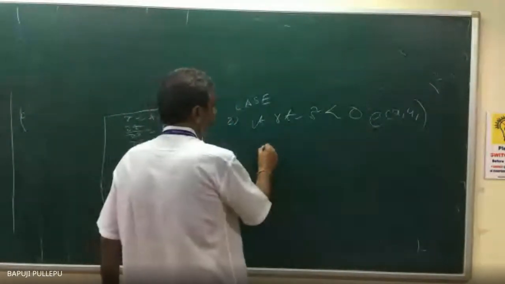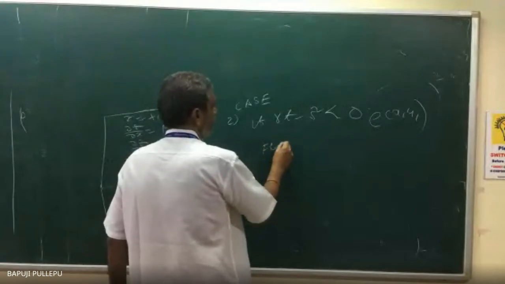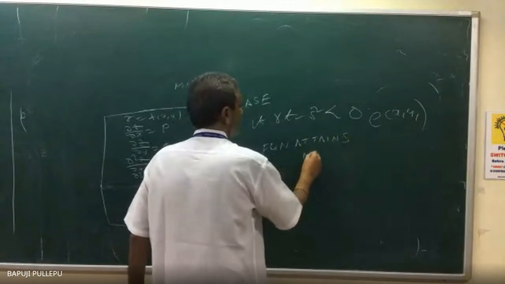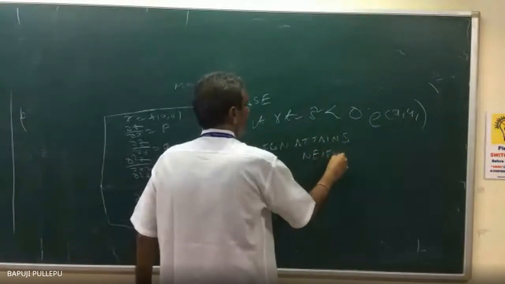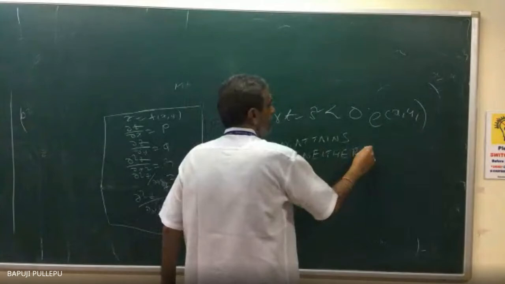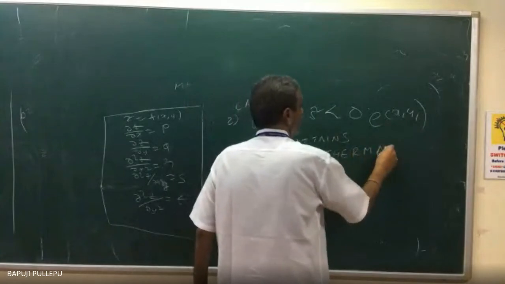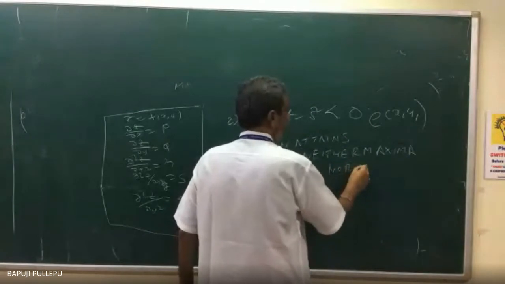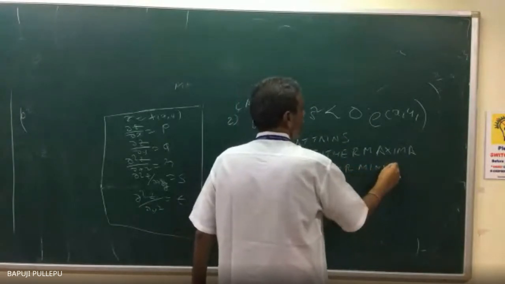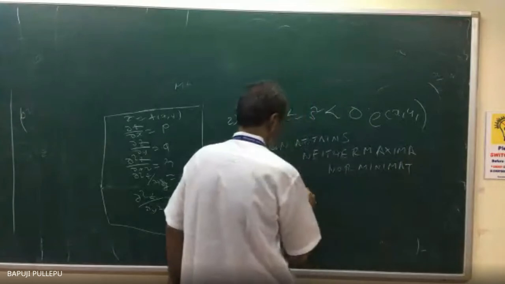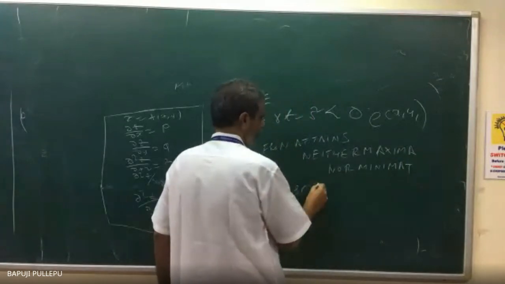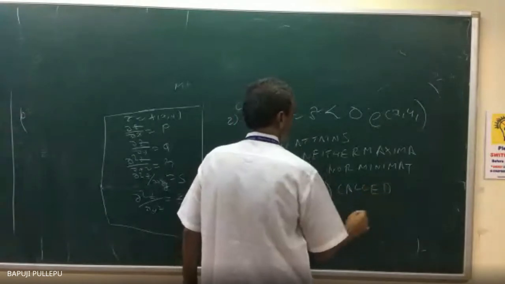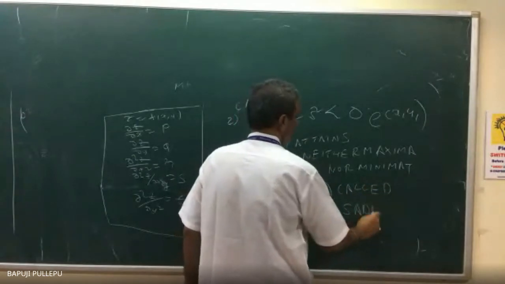The function attains neither maxima nor minima, and x1, y1 is called a saddle point.